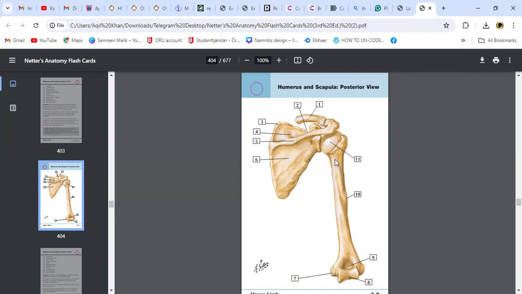So whenever the surgical neck is fractured, that injures the axillary nerve of the brachial plexus. So one has to be very careful. Whereas in a fracture of the mid shaft of the humerus, it's the radial nerve which can get injured.